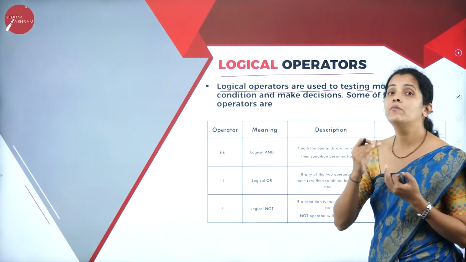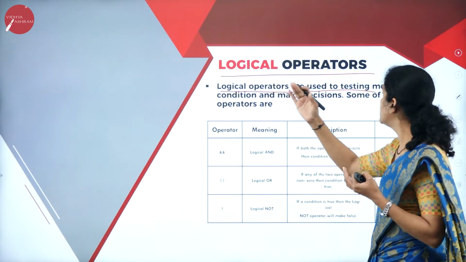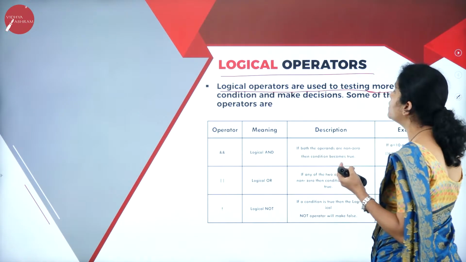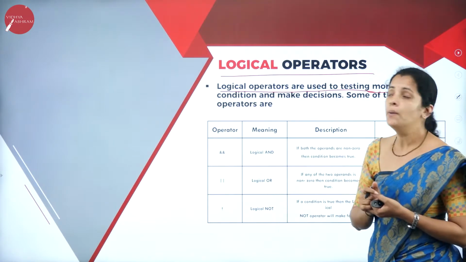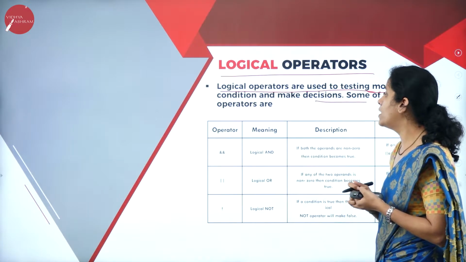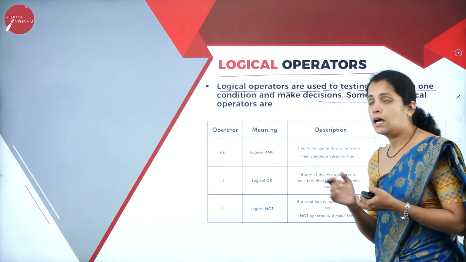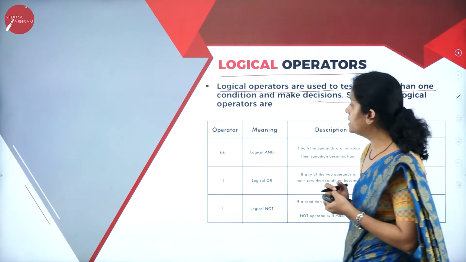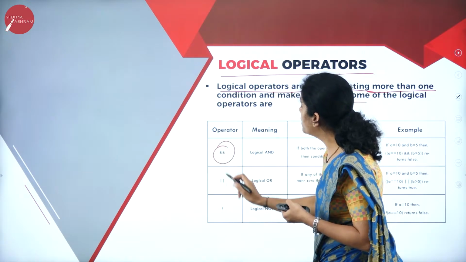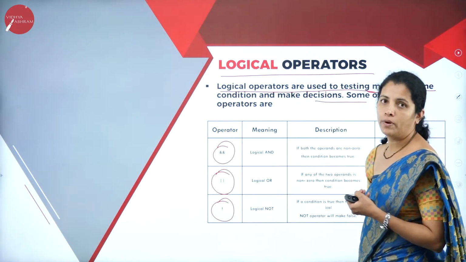If I want to test more than one condition to make a decision, in that case, I require logical operators. And the examples for logical operators are the AND operator, OR operator, and NOT operator.